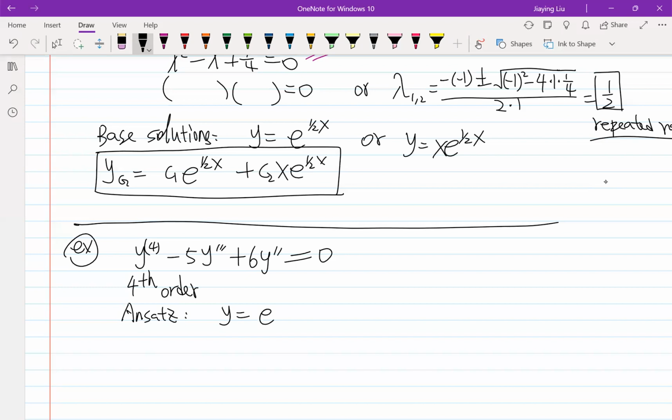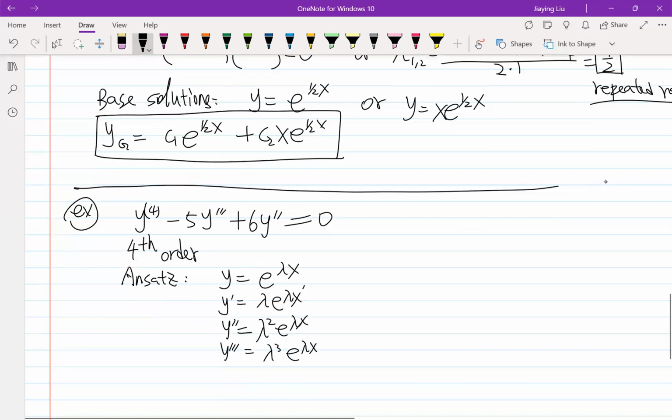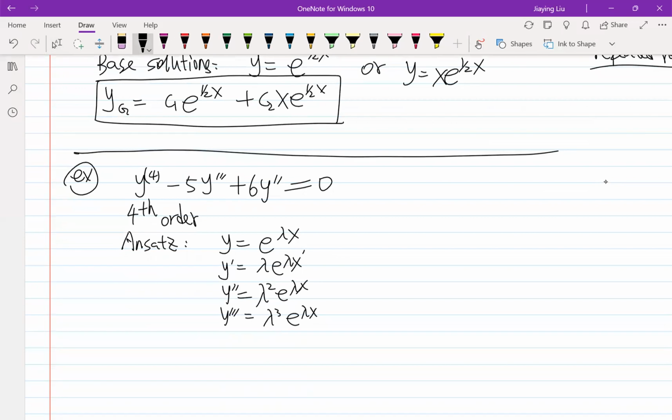y equals e to the lambda x, and we need the second derivative, third, and the fourth derivative. So when we find them, again, I'm going to do it quickly here. Every time we take a derivative, we just end up with the extra lambda.